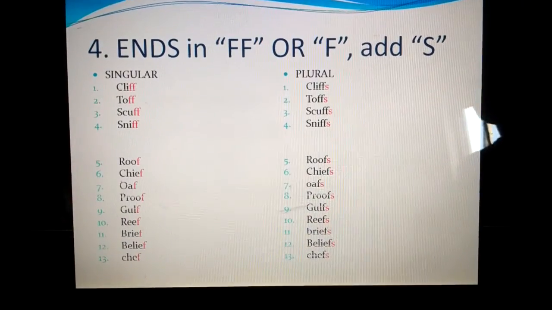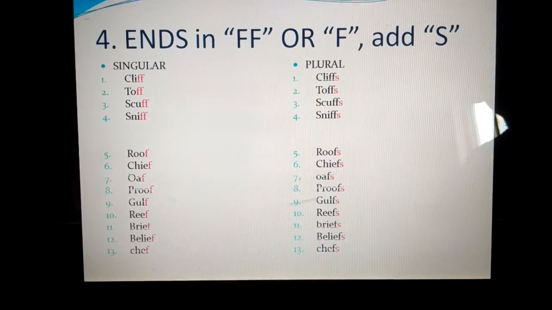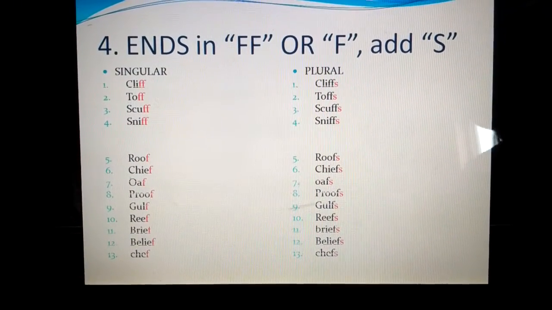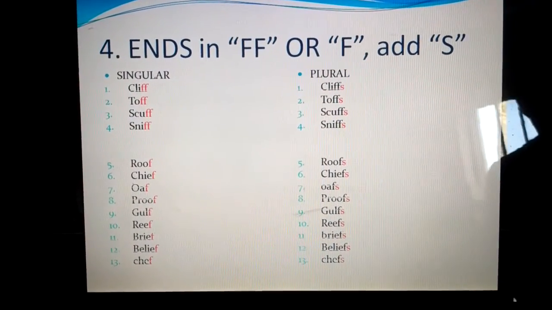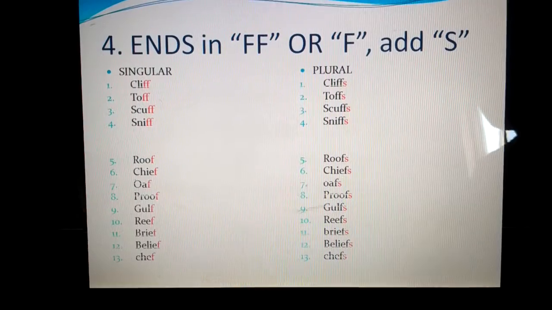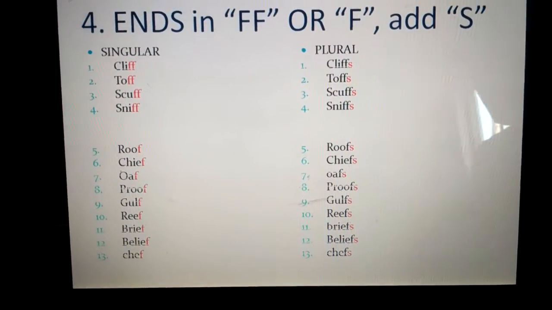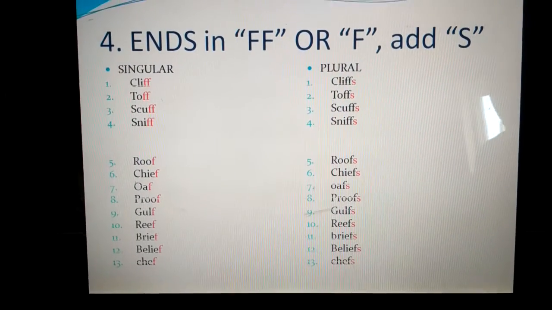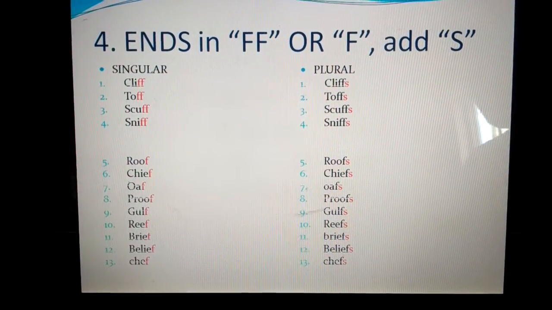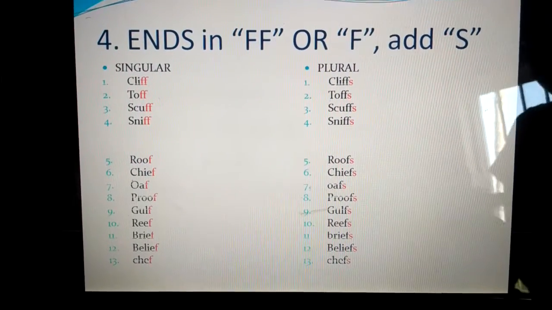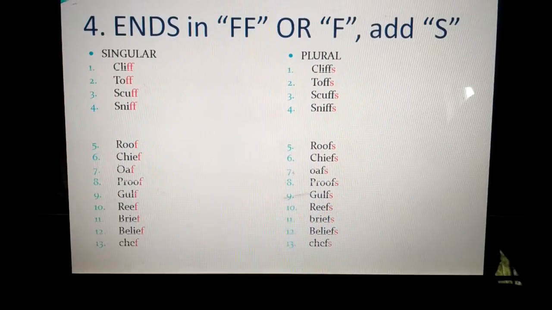Then point number 4, the nouns that end in ff or f, in that case we also add s. Look at the examples. The first four examples end in ff, and the rest end only in f. Cliff, cliffs. Toff, toffs.